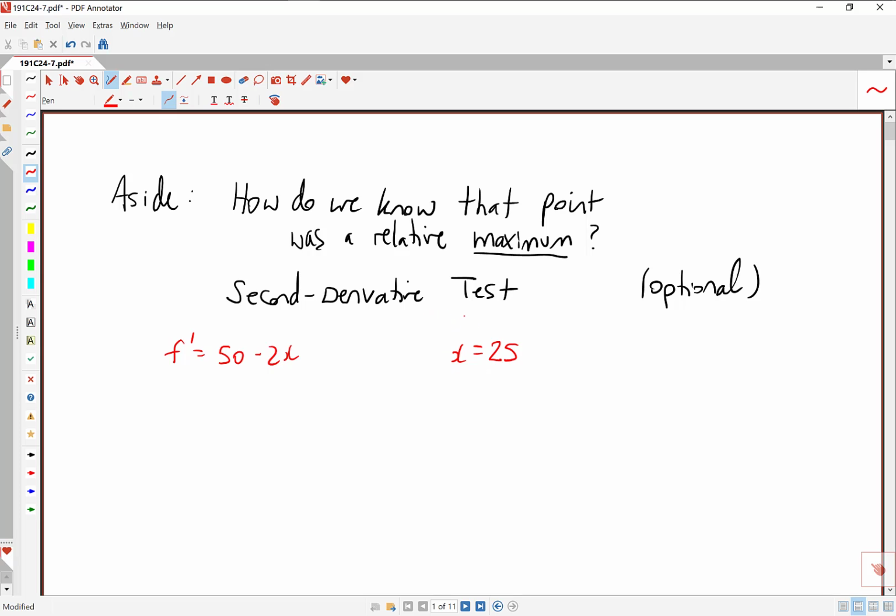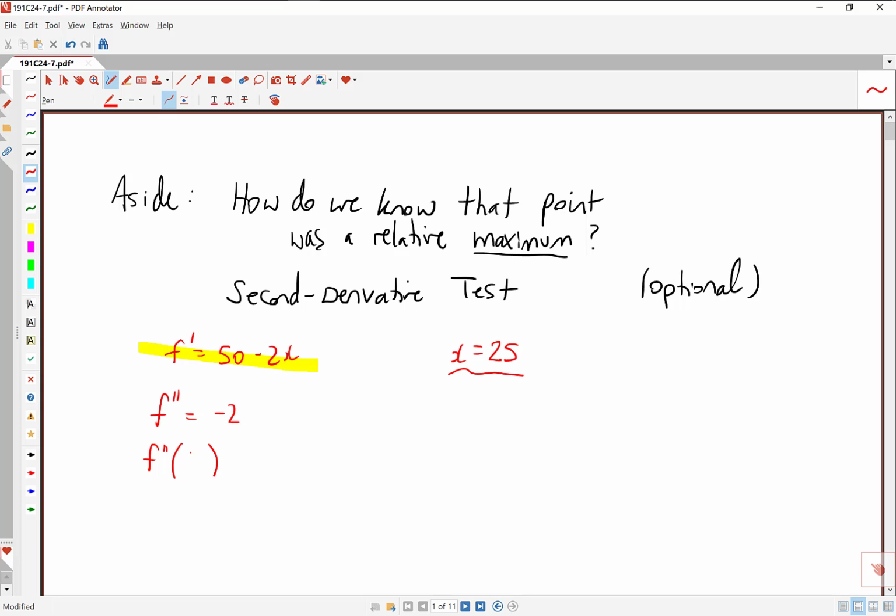Okay, so here's how the second derivative test works. At the end of the problem, once you think you found your answer, you can take the second derivative. So you would have already had the first derivative calculated in the problem. So take the second derivative. In this case, it's -2. And in general, what you're supposed to do is plug in the value of your critical point.